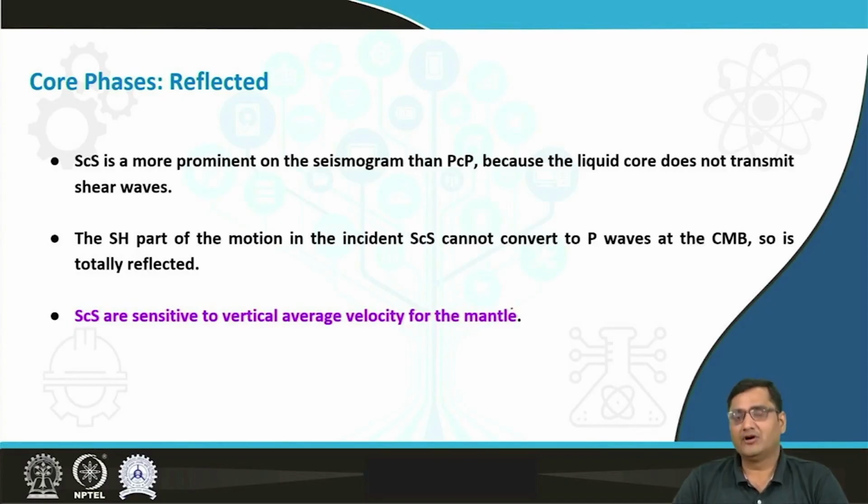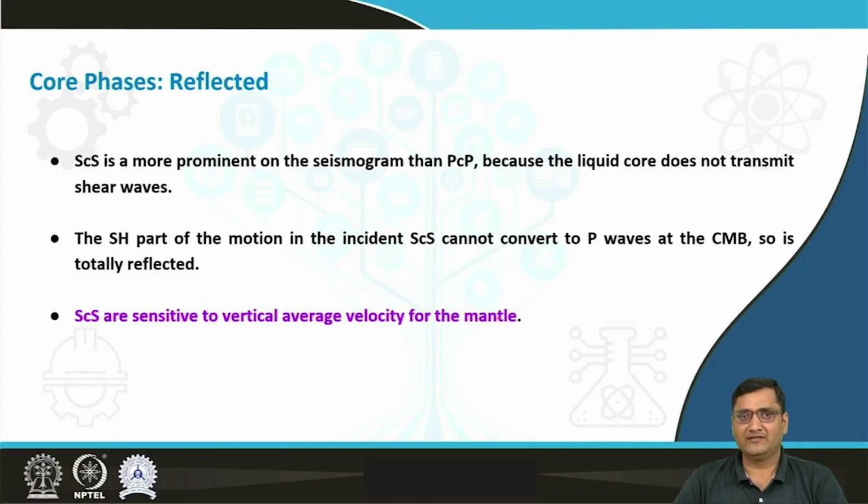It is happening because ScS is made up of two kinds of vibration, SV vibration and SH wave vibration. So when the SV vibration travels down, some part of the energy gets refracted, that means transmitted to the outer core, and some part of the SV wave energy gets reflected.